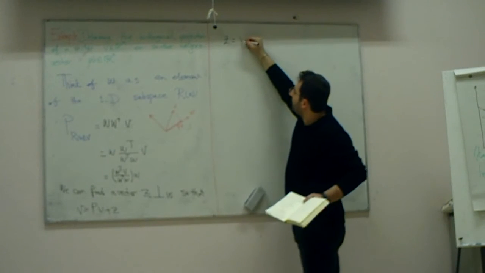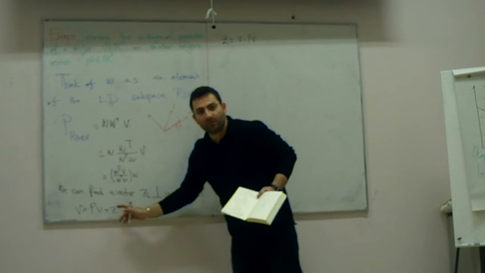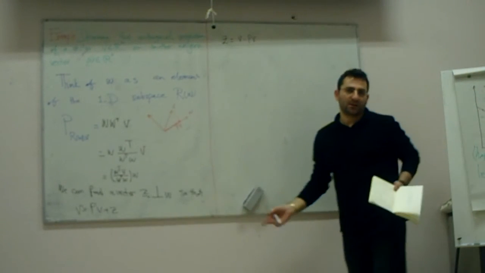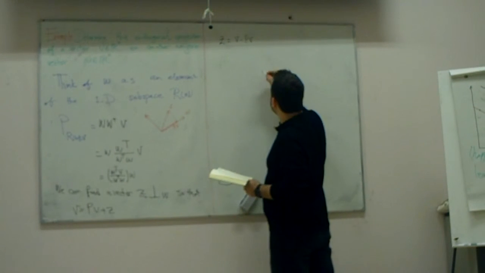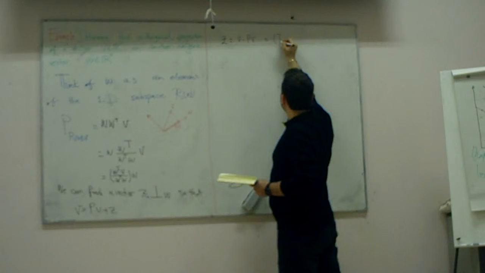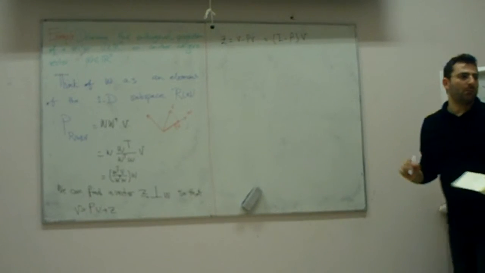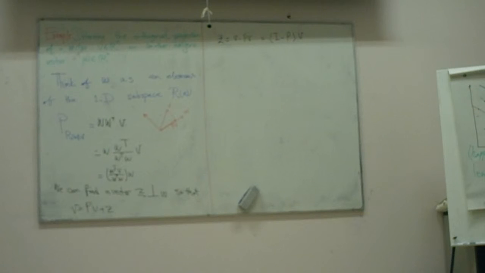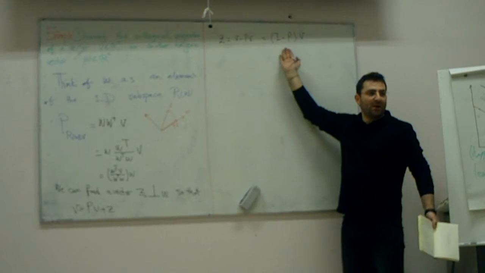It will be V minus PV, right? Because if instead of Z I put V minus PV, the PVs will cancel each other and we will have V. Which is I minus P multiplied by V. You remember what is I minus P?